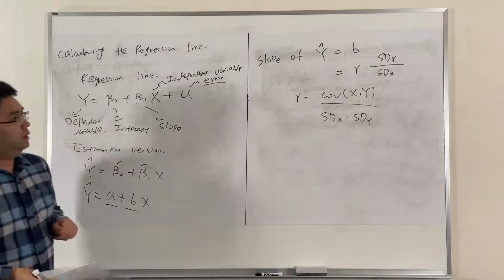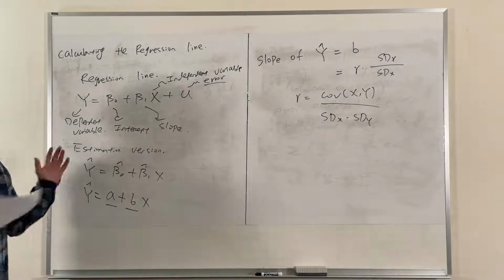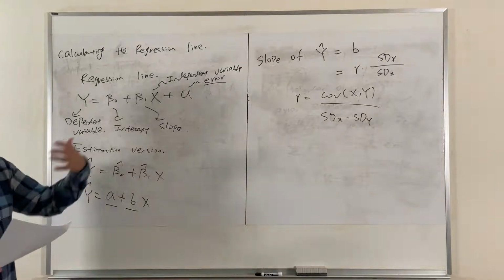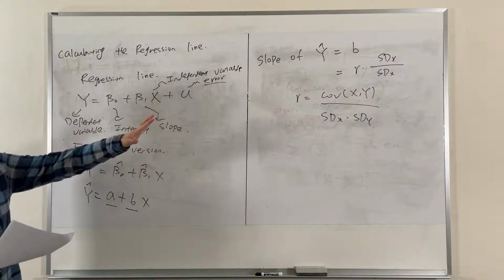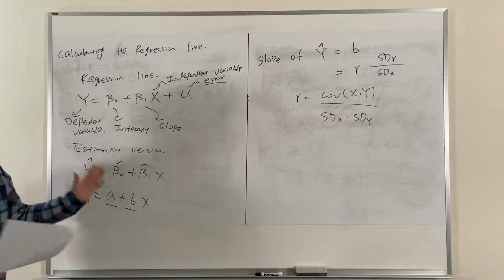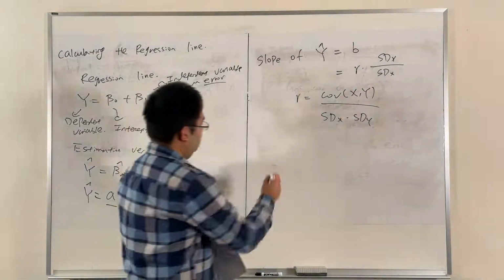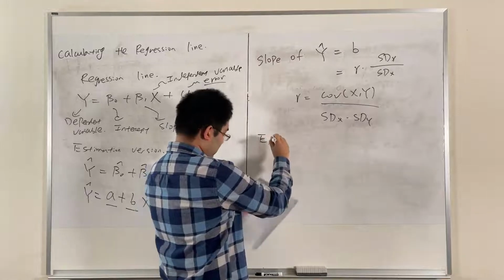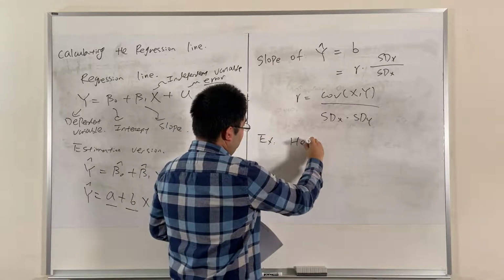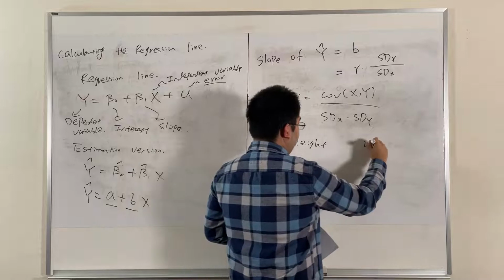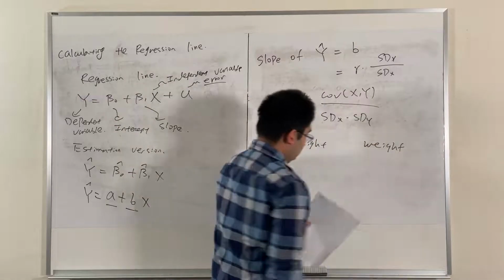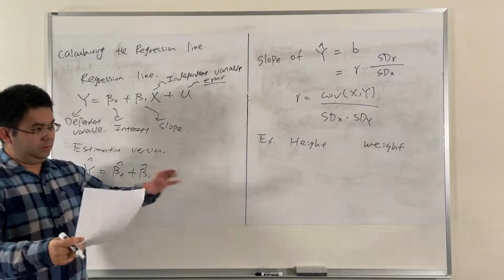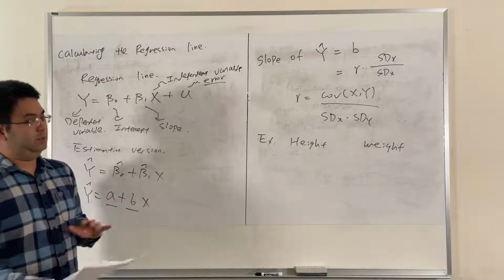Okay. So let me just do an example and we can solve it together and see how we get the value b and the value a. So example, it's height and weight, right? So we want to see how weight can affect height, right?